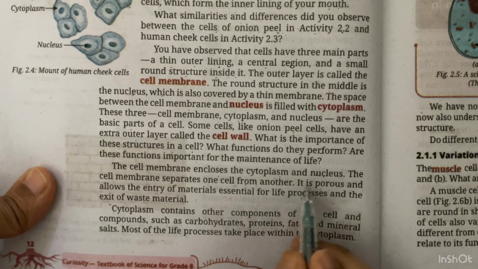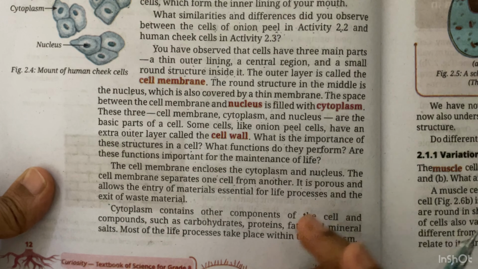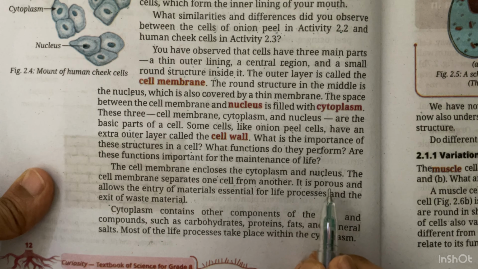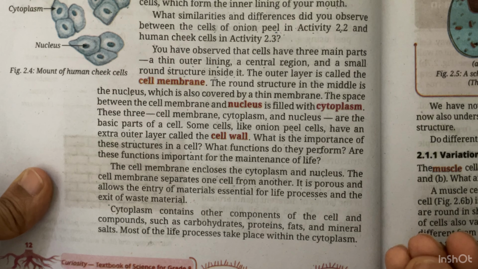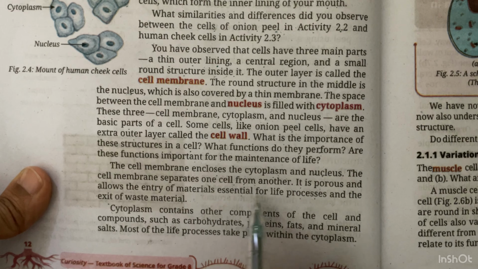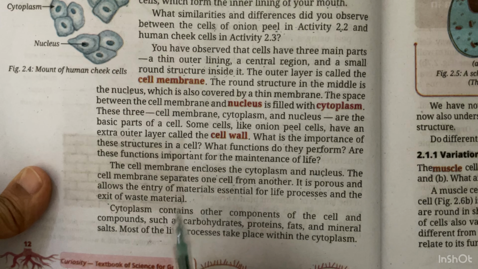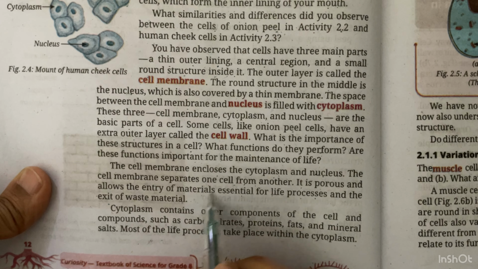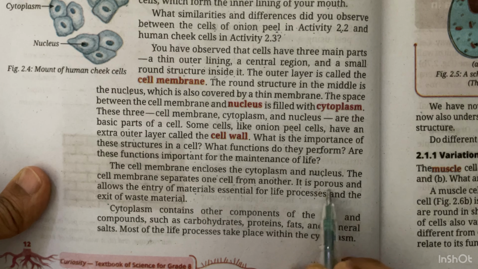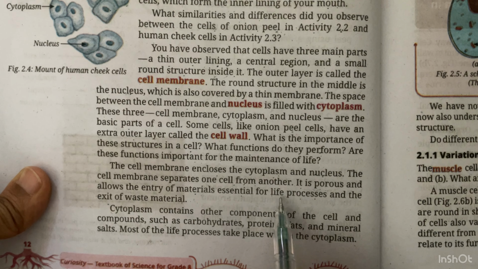So here, it means the cell membrane. The cell membrane is porous, which means it has kind of holes, so liquid or air can pass through it. It allows the entry of materials essential for the life process, for the life of the cell. Whatever is required enters through the pores.